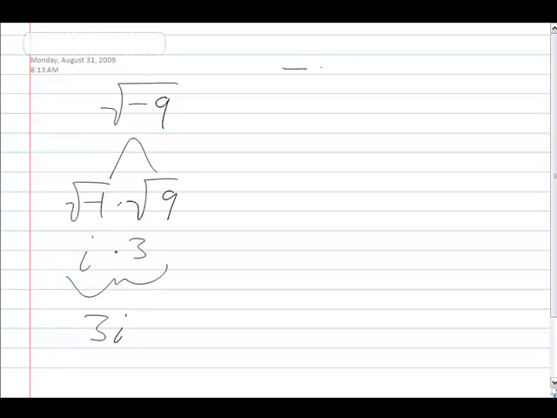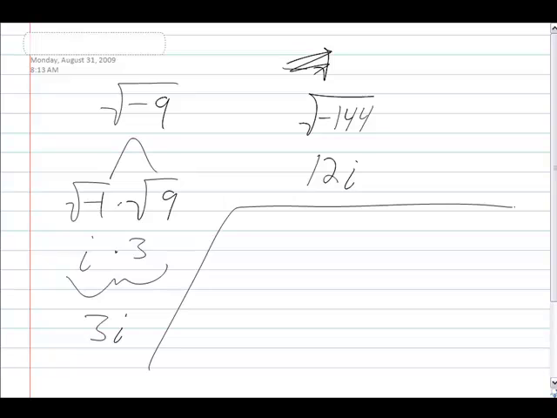Now, a shortcut is to think if we have the square root of -144, or a square root of negative anything, we can just simplify the square root like we normally would, but take that negative and just throw an i out there. Now we always leave our solutions when we're dealing with i's in the form a plus bi, where a is the real part and b is the imaginary part.